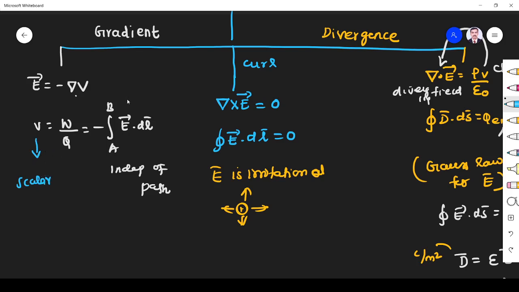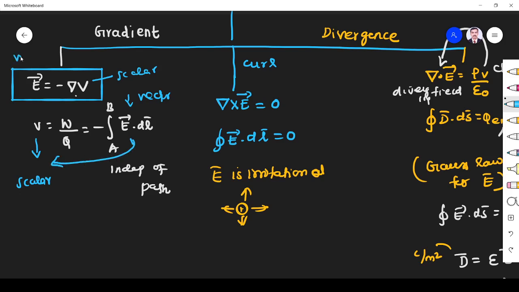V is a scalar, E is a vector. So this equation converts scalar into vector, and this equation converts vector into scalar. These two equations are very, very important for any exam.